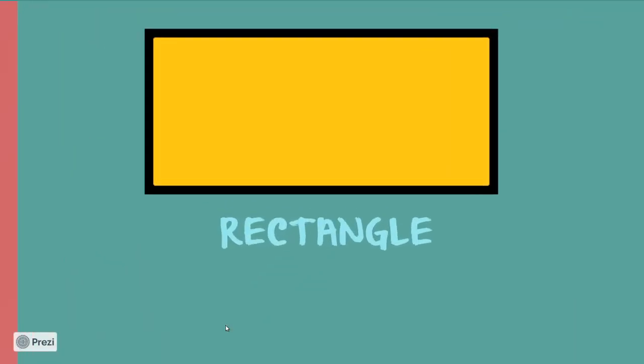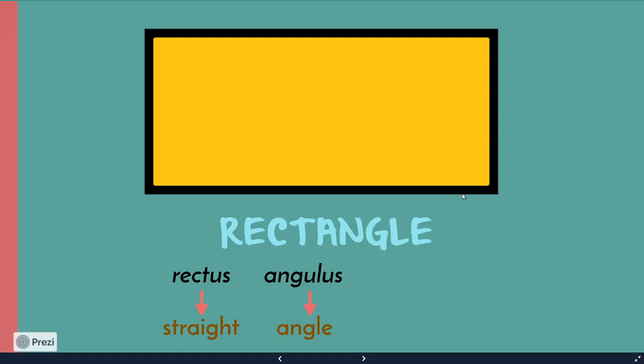So rectangle comes from the words rectus and angulus. Rectus is a Latin word that means straight, and angulus means angle. So you see, it's a straight angle, because in a rectangle every side is perpendicular to the adjacent side.